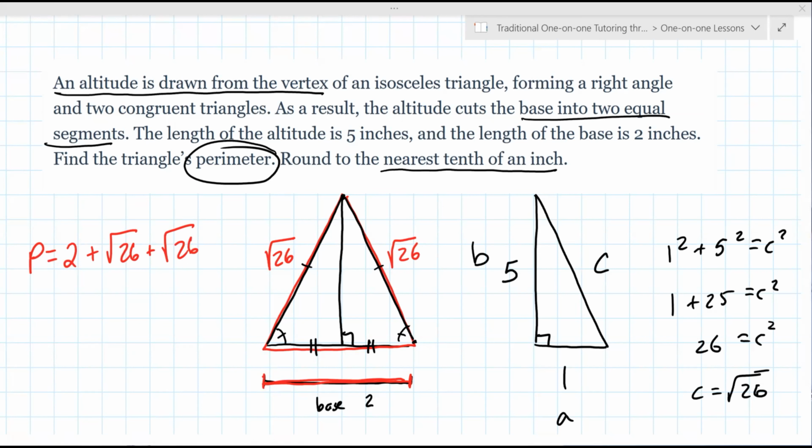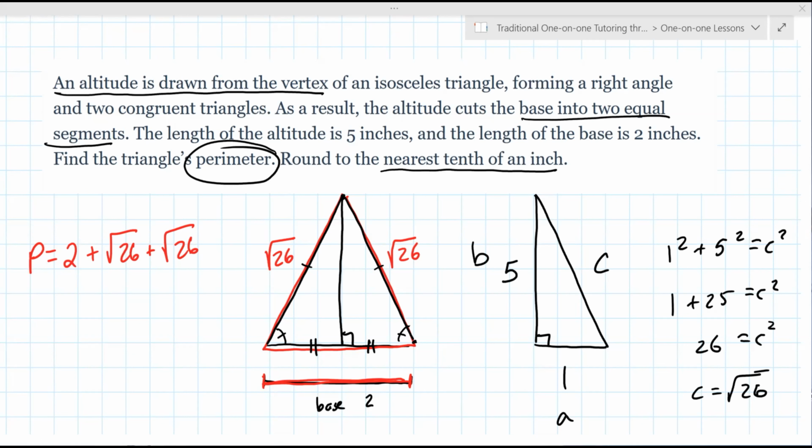So if you've got a calculator handy, go ahead and calculate that and let me know what you come up with. We'll compare our results. 7.57.